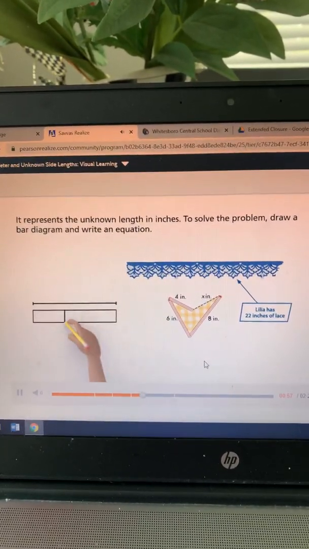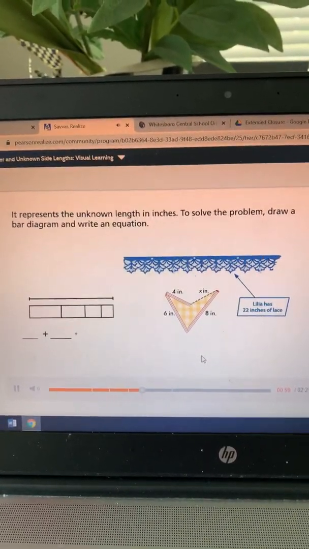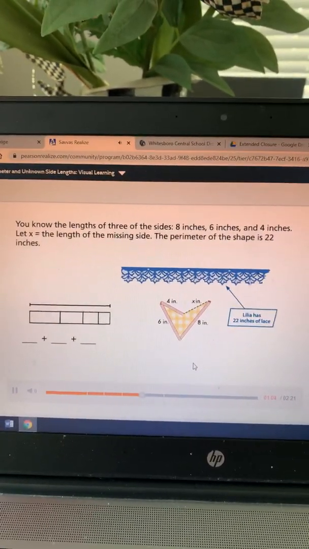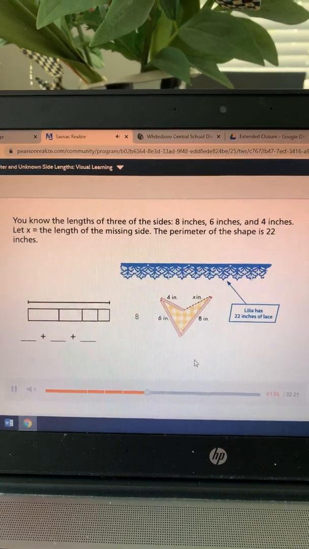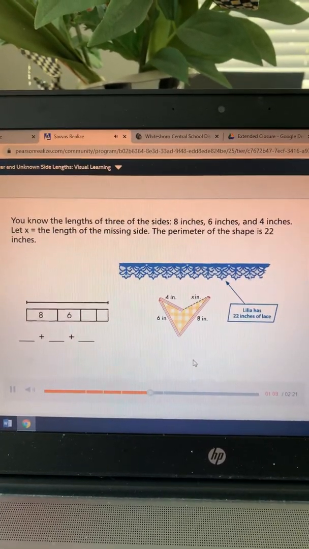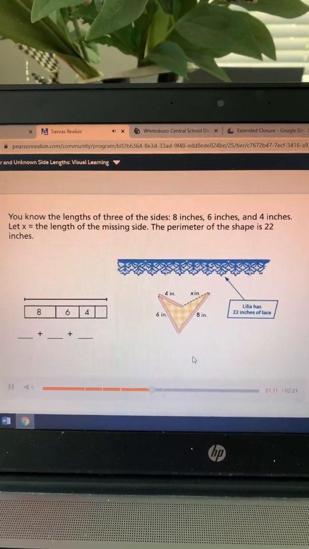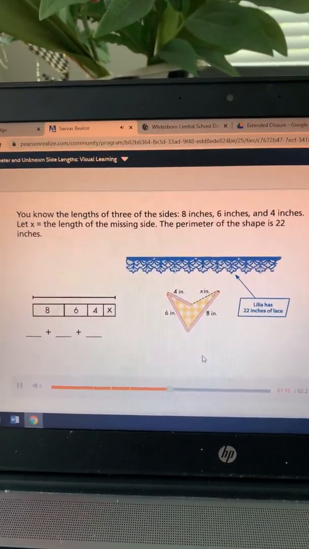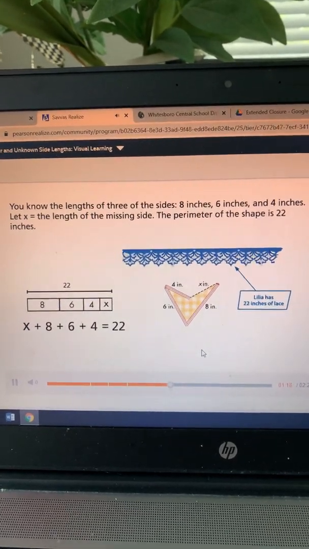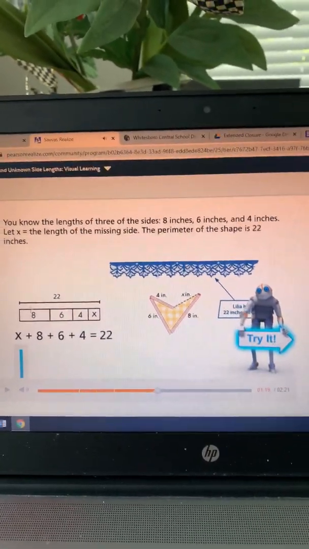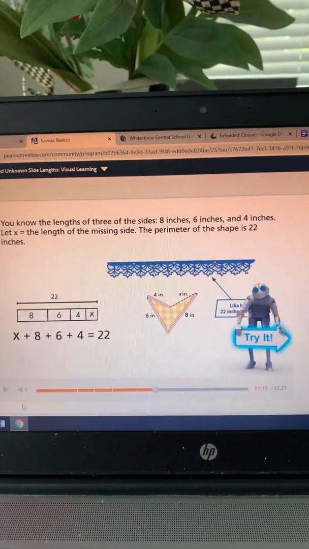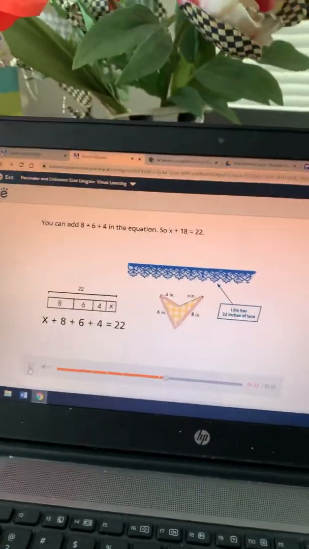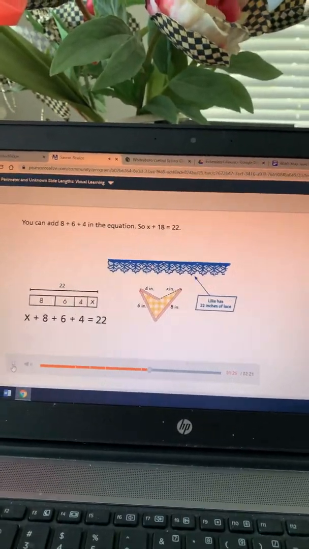To solve this problem, draw a bar diagram and write an equation. You know the lengths of 3 of the sides: 8 inches, 6 inches, and 4 inches. Let X equal the length of the missing side. The total perimeter is going to go on top: 22 inches. You can add 8 plus 6 plus 4 in the equation.